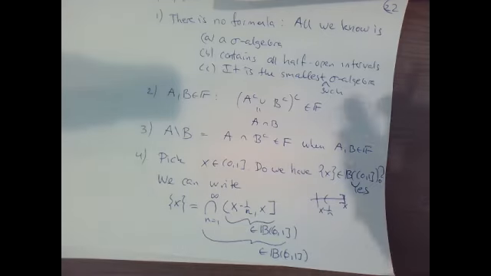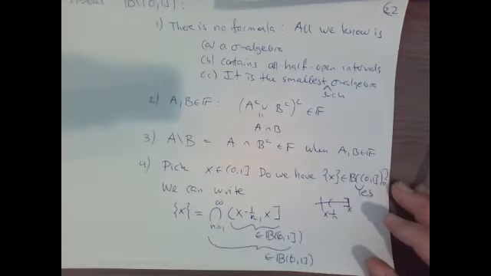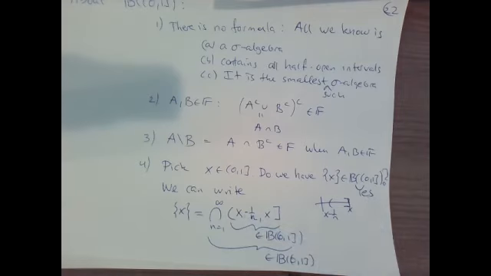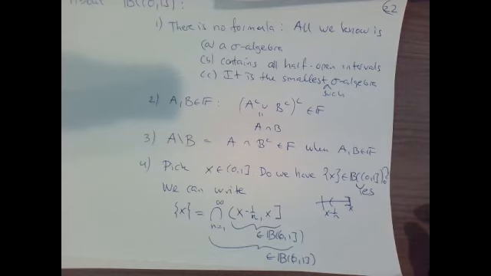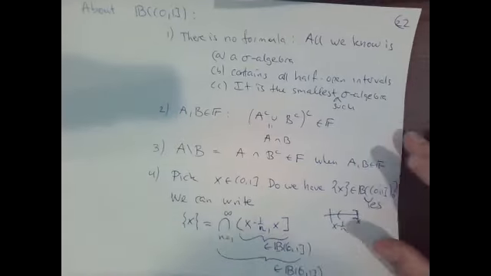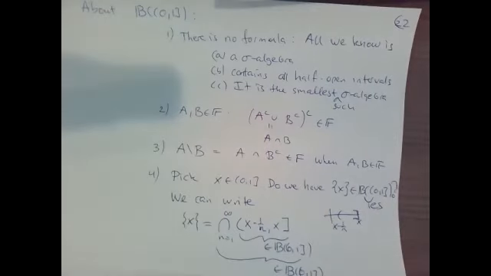And so what is going on in the Banach-Tarski paradox is that there are subsets in the interval 0 to 1 that cannot be written in terms of these basic operations on these half open intervals. Yeah, there's no formula for how one generates all these sets inside B. Are there any questions at this point?